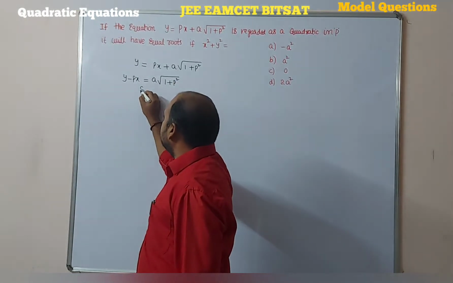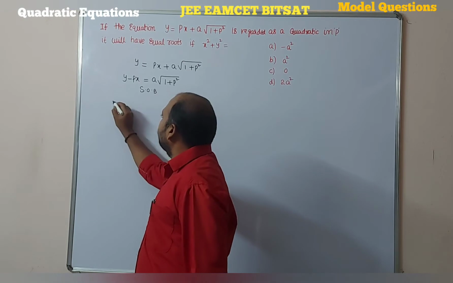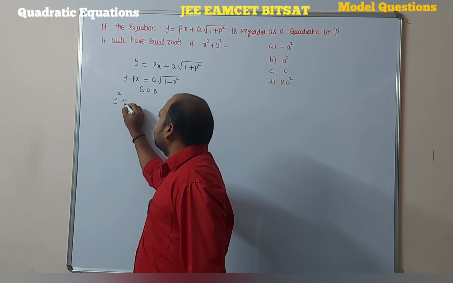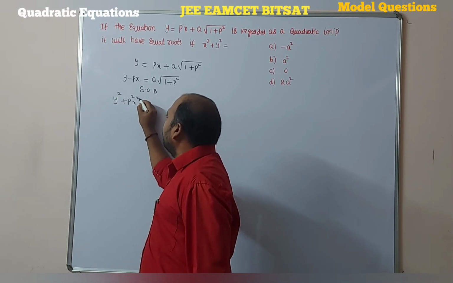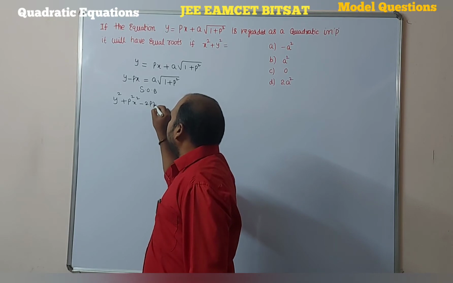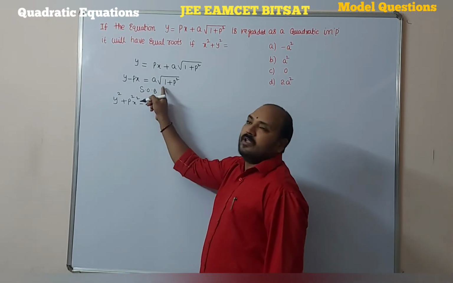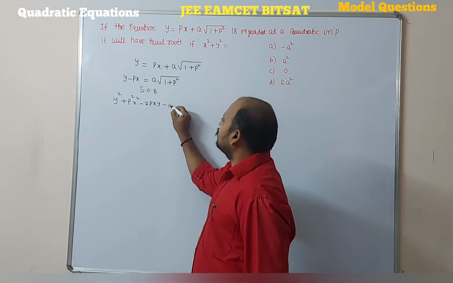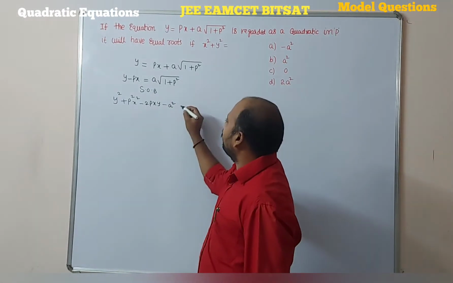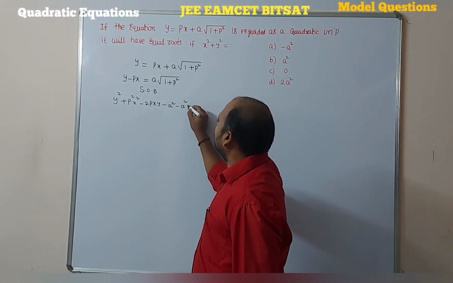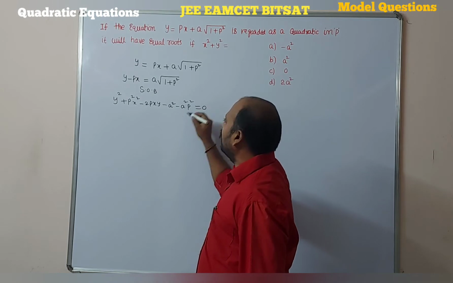Squaring on both sides and then simplifying, y² + p²x² − 2pxy = a²(1 + p²), so y² + p²x² − 2pxy − a² − a²p² = 0.